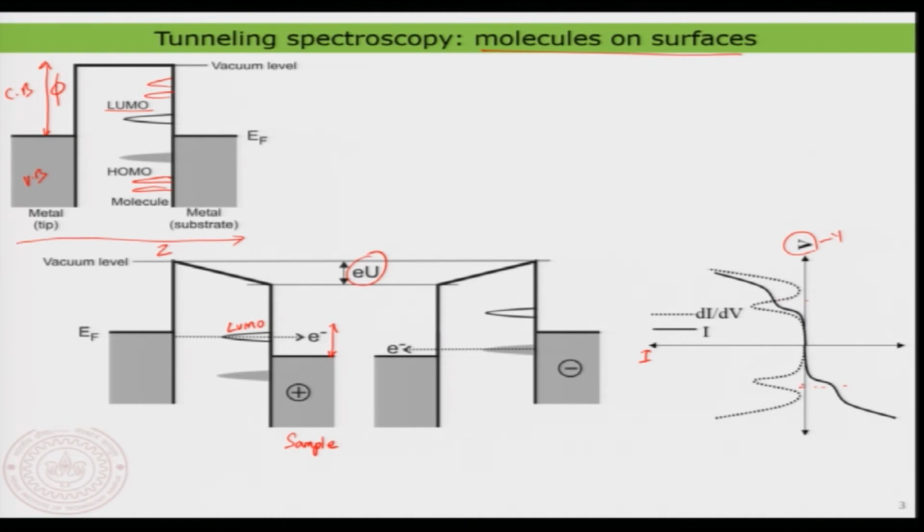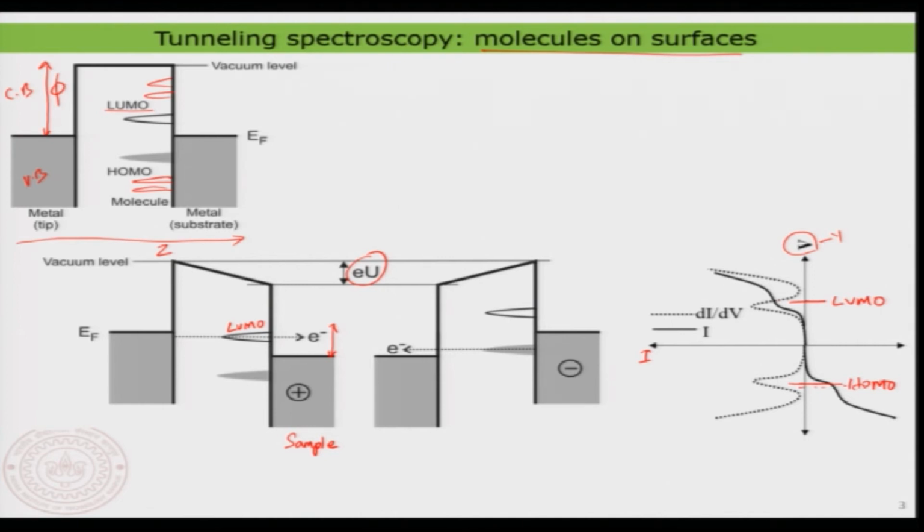Now you clearly see the peak positions represent the LUMO and the HOMO of the molecule. That is a representation of the interfacial electronic structure of the molecule-surface interface. That is quite spectacular.